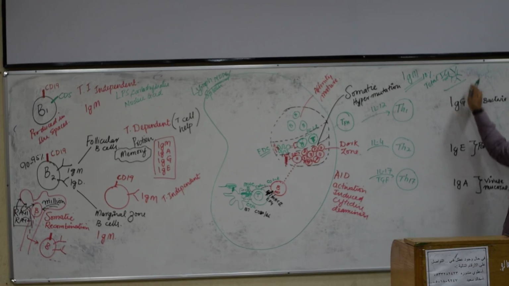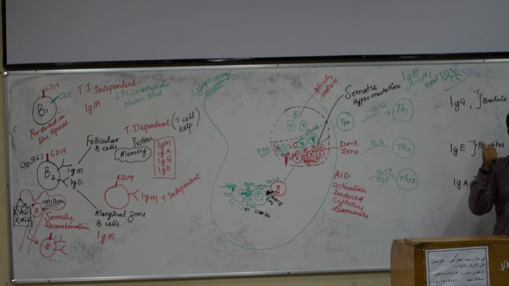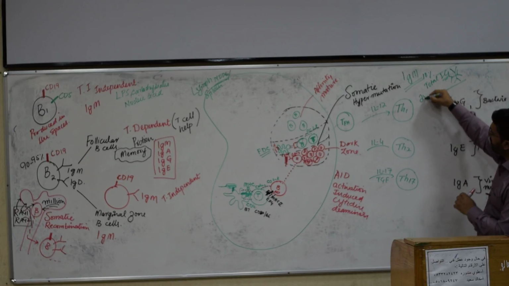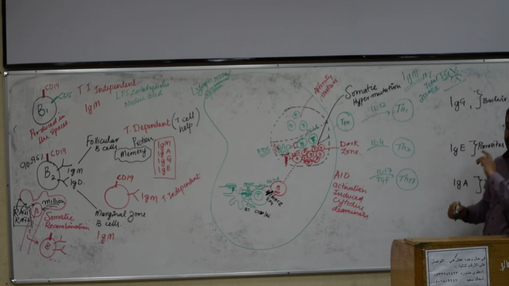Then it is mainly responsible for complement fixation, so classical pathway activation. It is also responsible for agglutination or macrophage engulfing, phagocytosis. So they help in complement fixation and phagocytosis. Its concentration in the blood is around 250 milligram per dl. They are mainly responsible in the primary immune response.